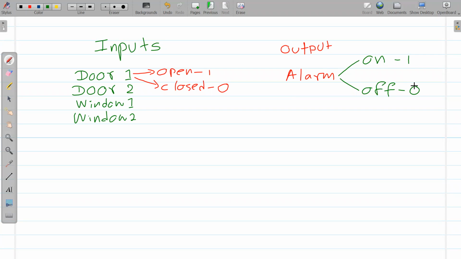And what is the relationship between inputs and outputs? We can describe the relationship like this.